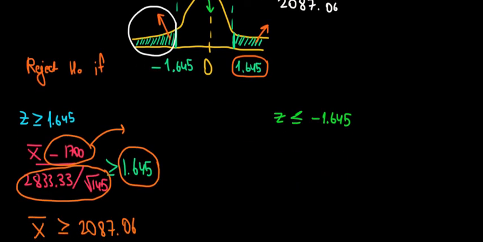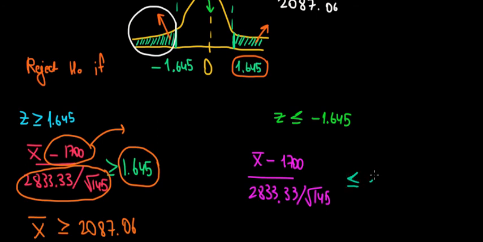We have x bar minus the population mean under the null, 1700, divided by the standard error, 2833.33 over the square root of 145, less than or equal to minus 1.645.